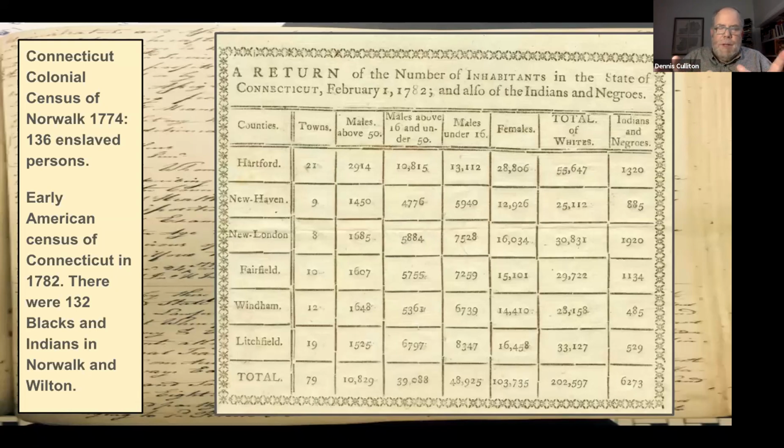We know that after the American Revolution, when immigration was opened up, many people in New England, and especially in Connecticut, would rather hire an Irish or a Welsh or a Scotsman for a short period of time, maybe during the harvest season or during the summer, than hold somebody in captivity all year long and then be responsible for them in their old age.